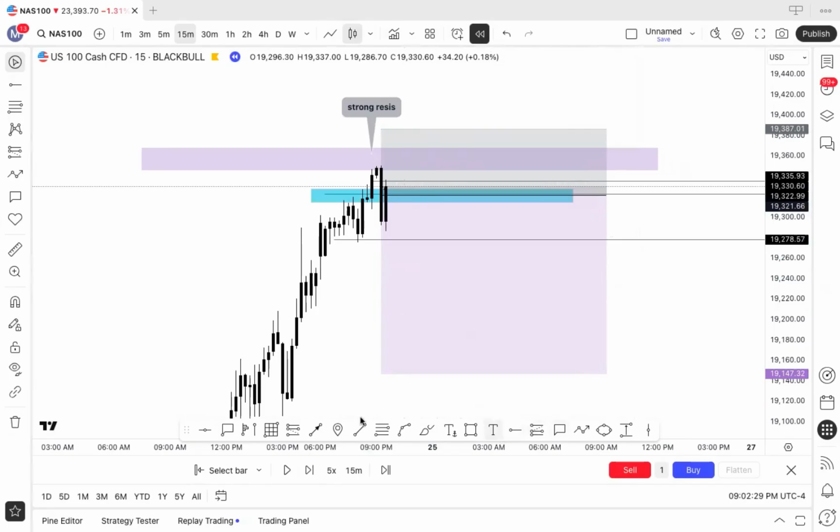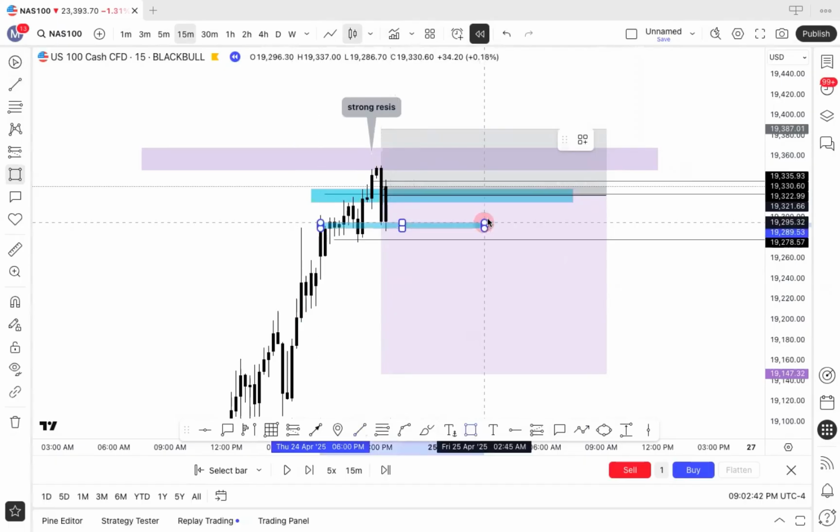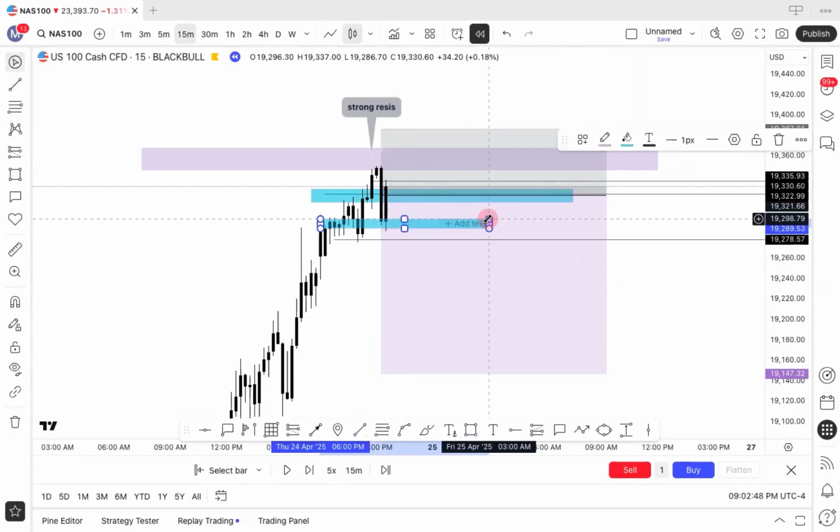And a lot of you guys might think, Meeks, isn't this a higher low, right? Yes. But also, why did price create a higher low is what you should be asking. Because these are previous highs. Previous highs love to create a higher low in bullish market structure to continue pushing up.